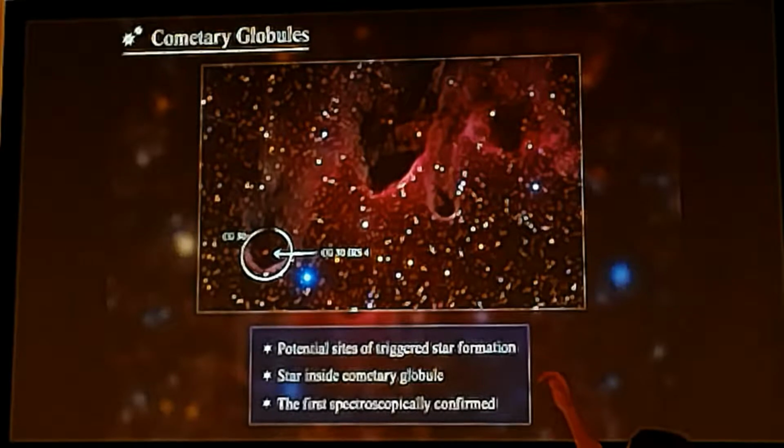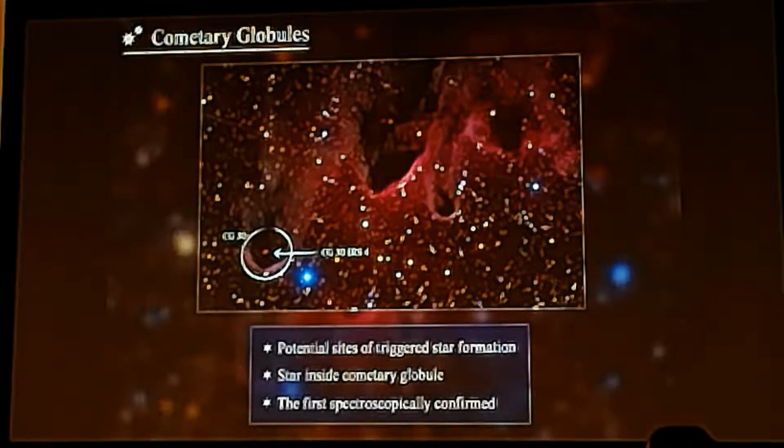The radiation falling on these globules is so strong that the gas tends to evaporate away from the ionizing source, the O star, and that gives it a comet-like shape. You really only see these in a few places. One of them is in the region that we're studying right now, which I'll get to on the next slide.